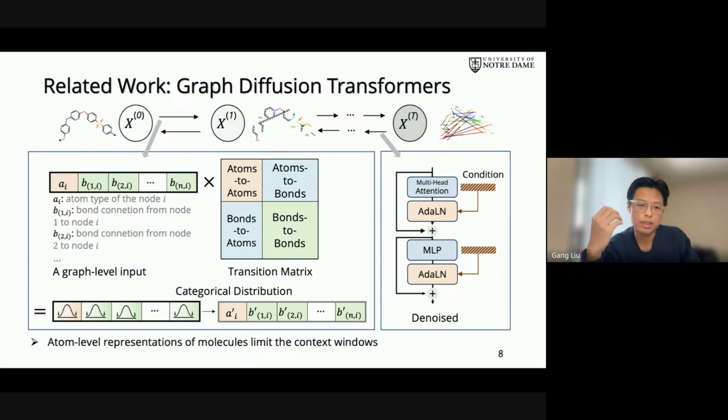Imagine this scenario: given a context with 50 tokens, we can only process one molecule with 50 atoms. However, we need to encode a very large number of molecules in the same context window size if we want to do in-context learning.